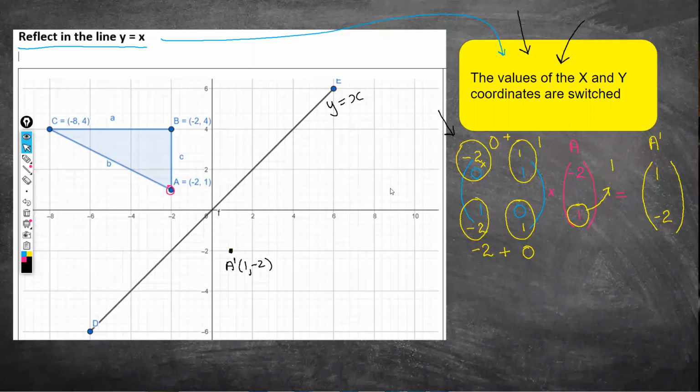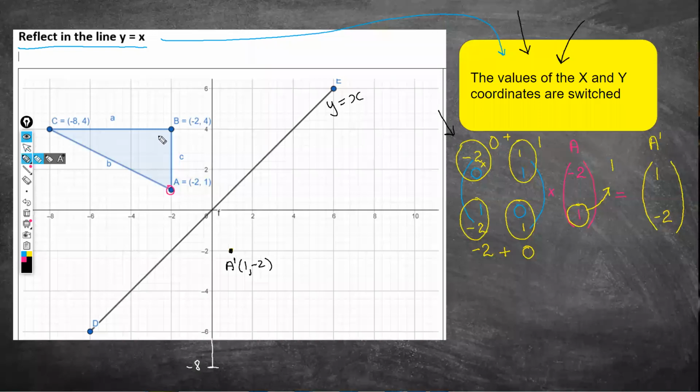So I want you all to finish off this question now. I want you to find B prime and C prime using the yellow note. And you can just probably do a quick sketch of the answer if you want to, right? And let's see what you come up with.